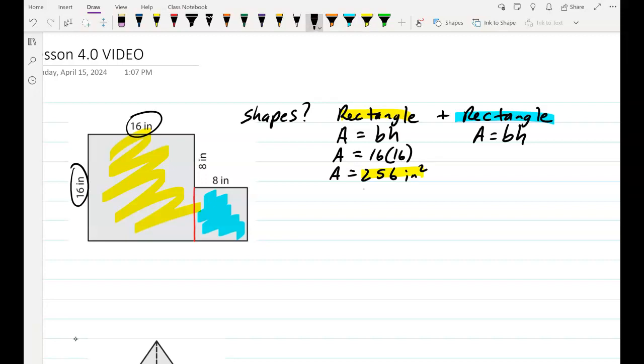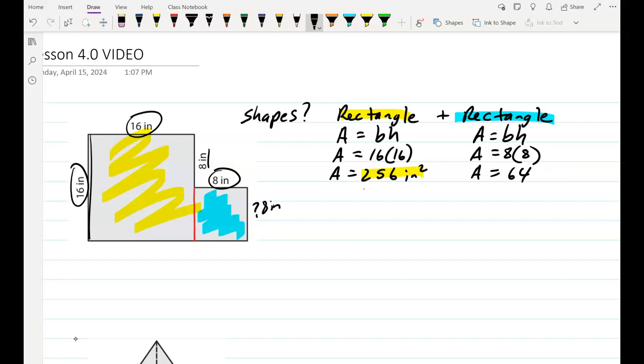So that's the area of the first rectangle. The second rectangle, the base is 8 inches. And its height, well, the overall height of the whole shape is 16, minus this 8 would mean that this would be 8 inches. So the height is 8. So 8 times 8 is 64.